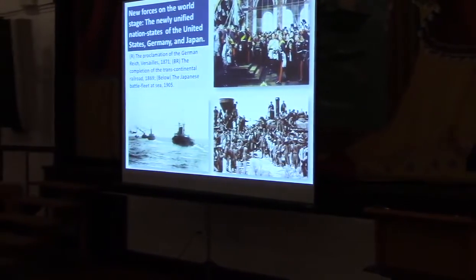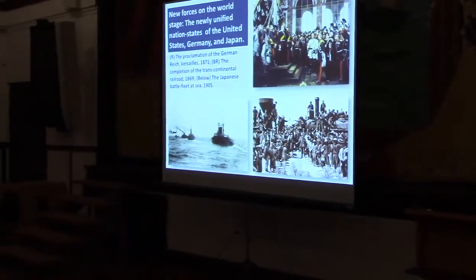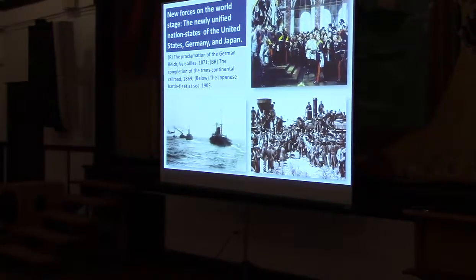But the reason I started that initial slide in 1860 is it marks that period in the middle of the 19th century when you have the process of national unification, the creation of unified nation states in Italy, and in particular in Germany, in Japan, and from a certain point of view in the United States, the first real, in my opinion, genuine unification of the United States.